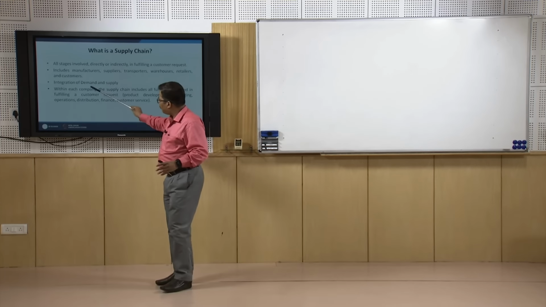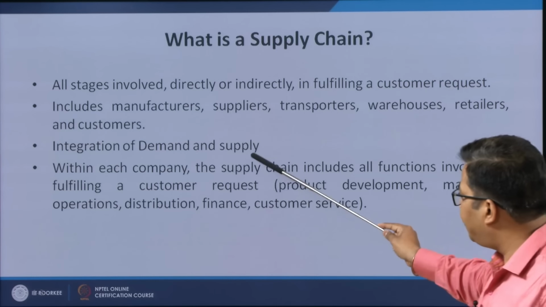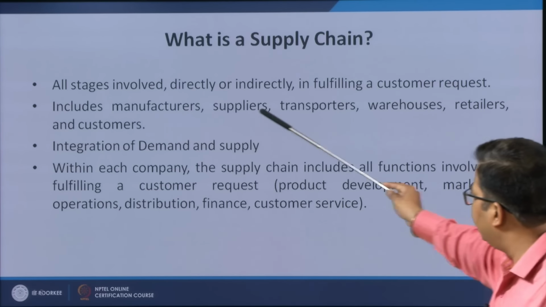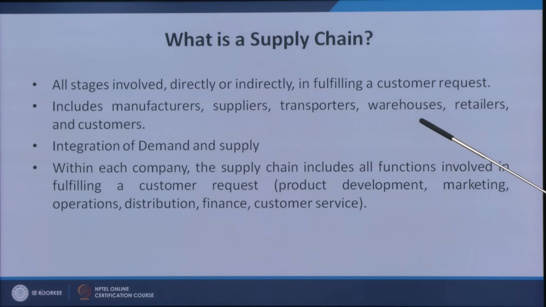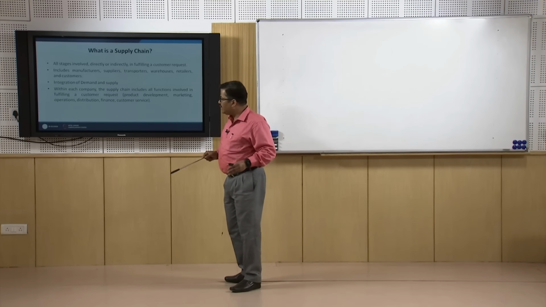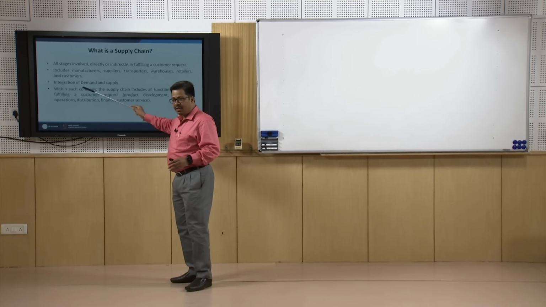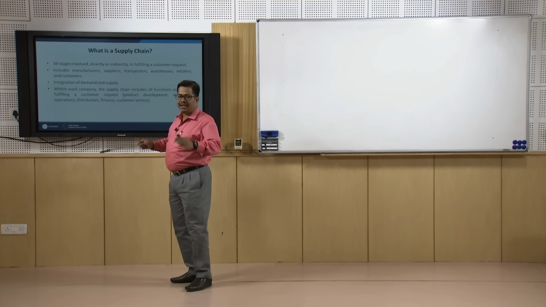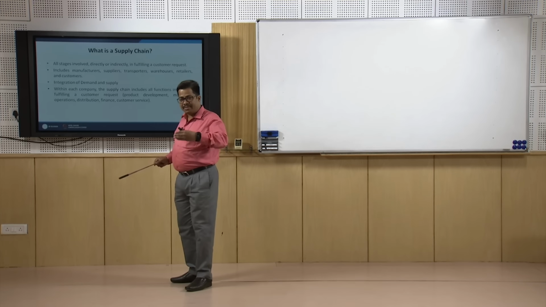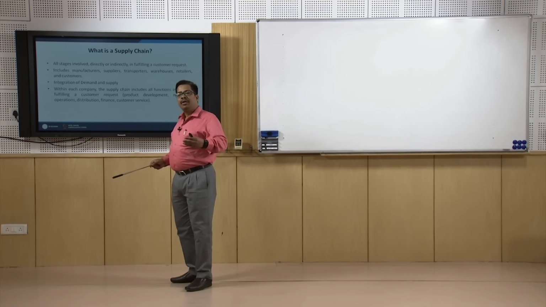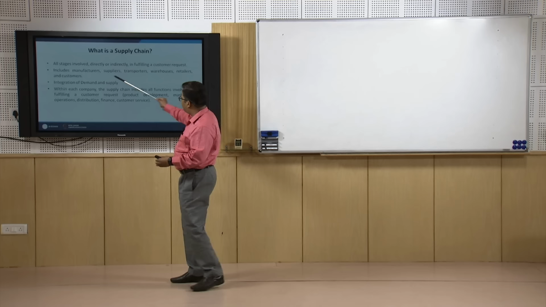Demand comes from the customer side and supply comes from all these people: manufacturers, suppliers, transporters, warehouses, retailers. They all help us in fulfilling the demand of the customer. So proper integration of demand and supply is very much necessary for customer satisfaction as well as for the profitability of the service providers.